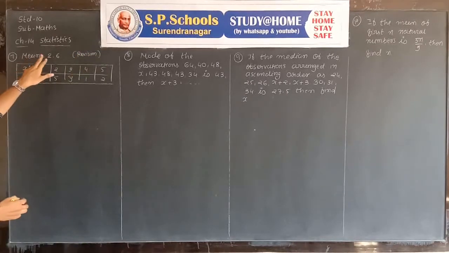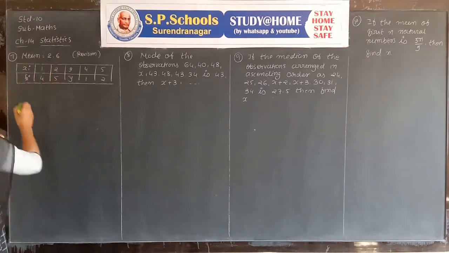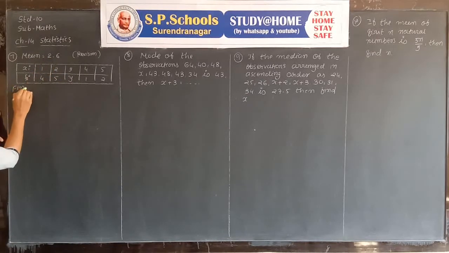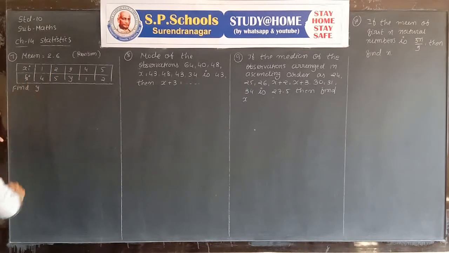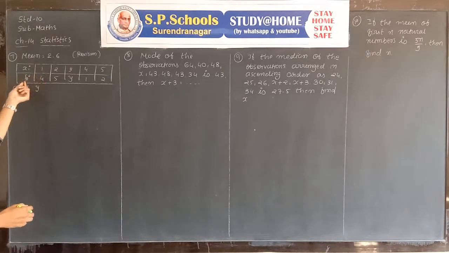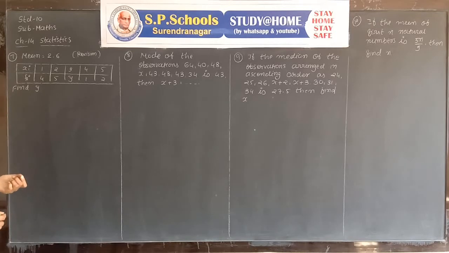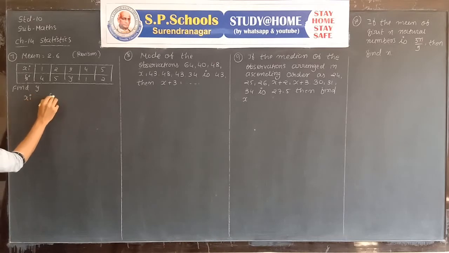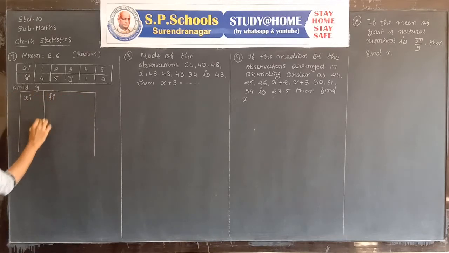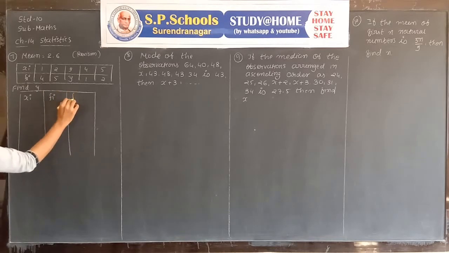Here the mean is 2.6. We need to find Y. Xi and Fi: Xi means the observations are given and Fi means the frequency is given. First of all, we have to prepare one table: Xi, Fi and the sigma Fi Xi.